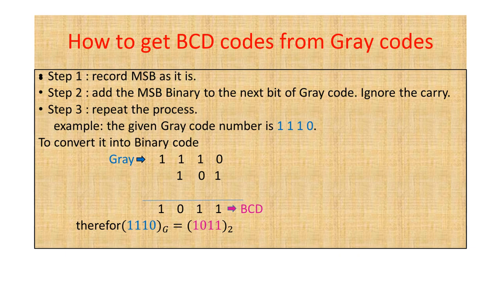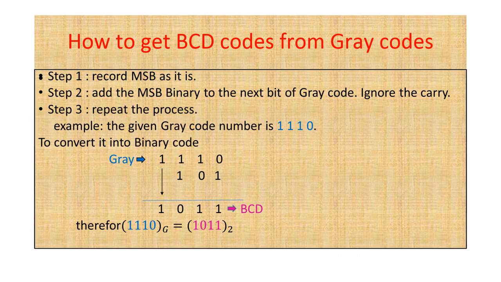Take the previous example to get a better concept. Given gray code number is 1110. The first step is to record the MSB as it is.